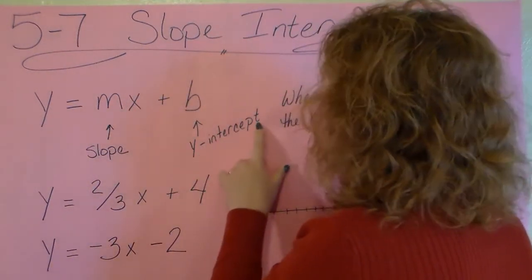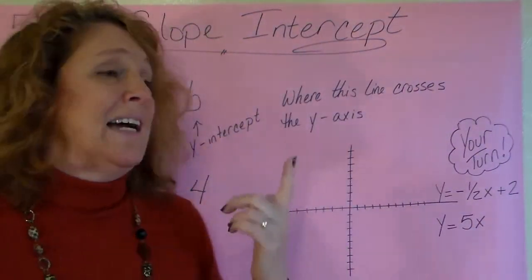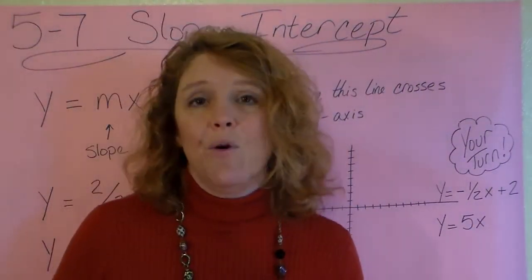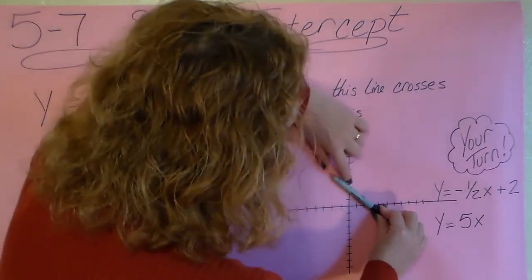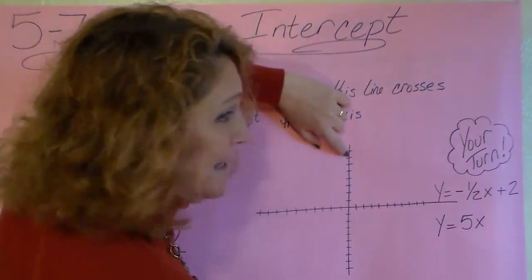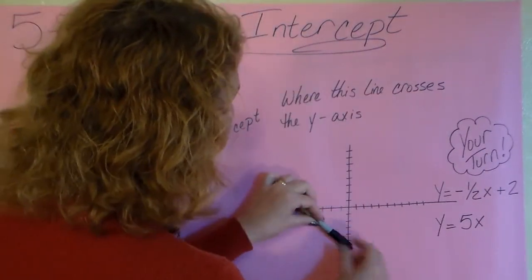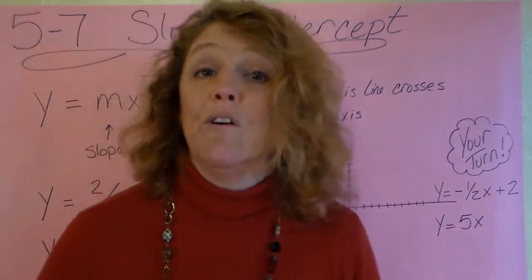B is the y-intercept, and what that means is where this line intersects with the y-axis. So if this is your line, this point right here is your y-intercept. Your y-intercept could be down here. Your y-intercept could be way down here if you've got a line way over there.